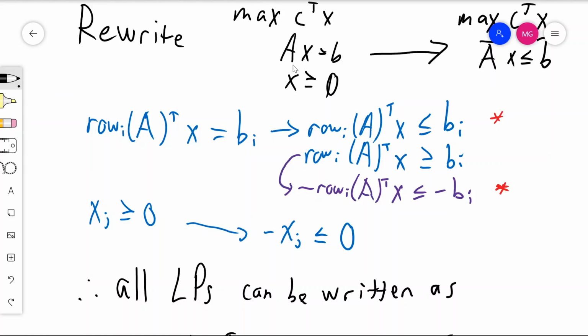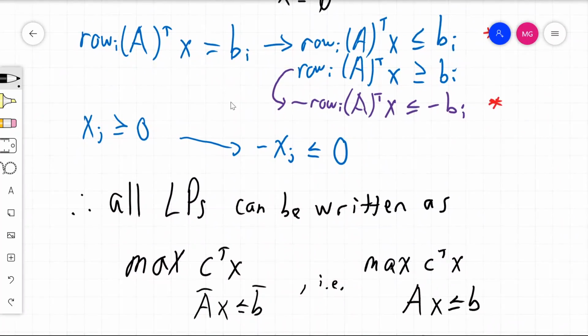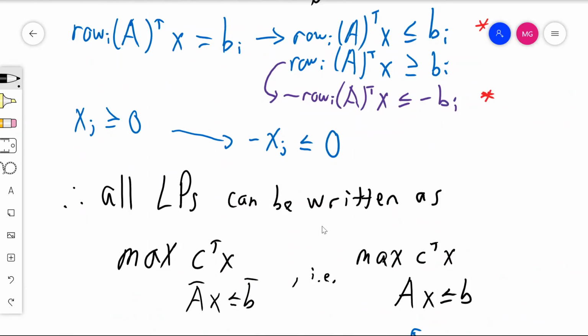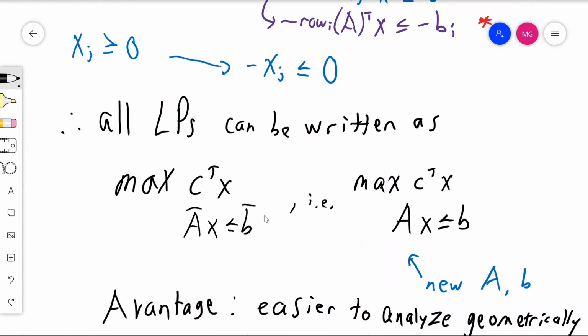You might have had to do some work to convert it in the first place. But in principle we could put it in that form every time, so we can do this conversion. The takeaway message is that if I'm just considering the linear programs that can be written like this, with all less than or equal to constraints, that's actually all linear programs. I'm not excluding any. Every linear program can have this format.